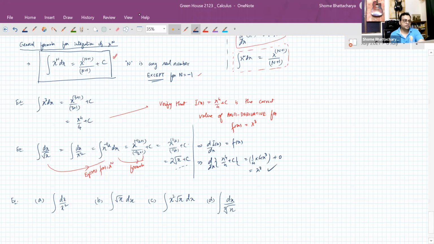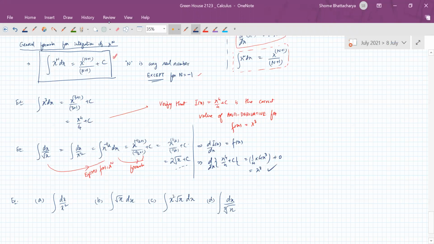Okay, so try out these 4 examples and just send me the answers by text. I'll verify for you. It's the same process by which we have done the 2 examples above. It's application of the formula above for x to the power n integration.